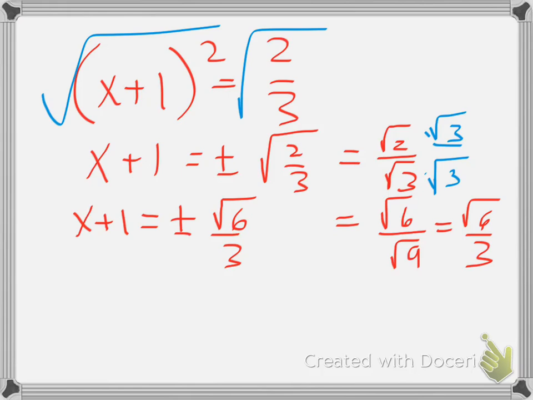Now finally, to solve for x, I must move my 1, so I'll subtract it from each side. Finally, I'm left with x equals negative 1 plus or minus square root of 6 over 3. And remember, since negative 1 is not a like term with the square root of 6 over 3, I can leave it just as is.